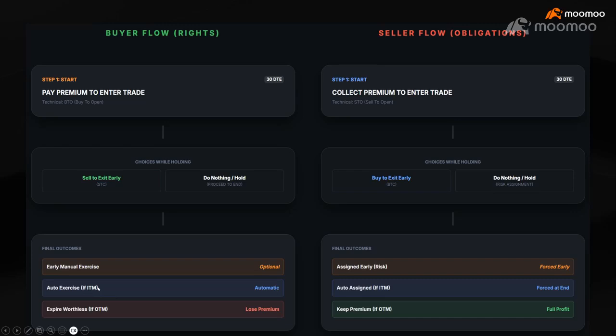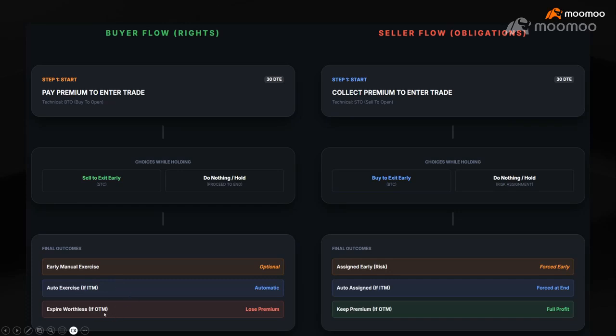If you don't have enough buying power to fulfill the exercise to buy the 100 shares, the dealer actually has the right to close your option position before the market closes, or waive your rights. Remember that at expiration.